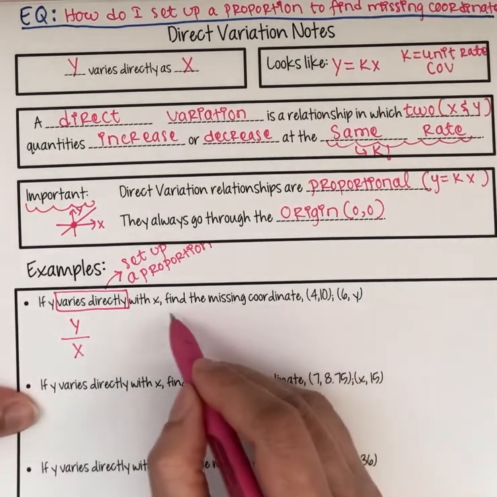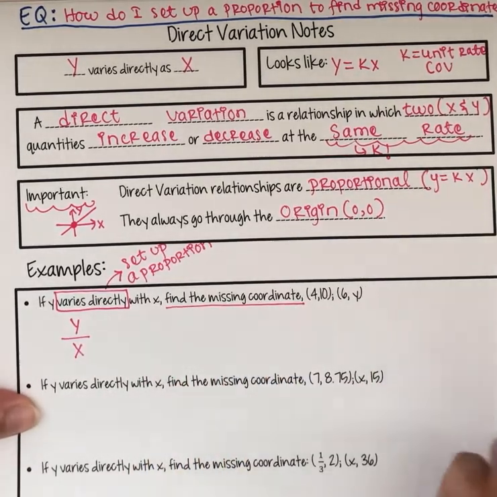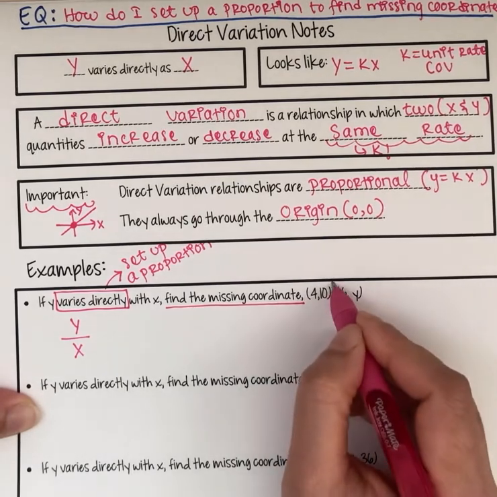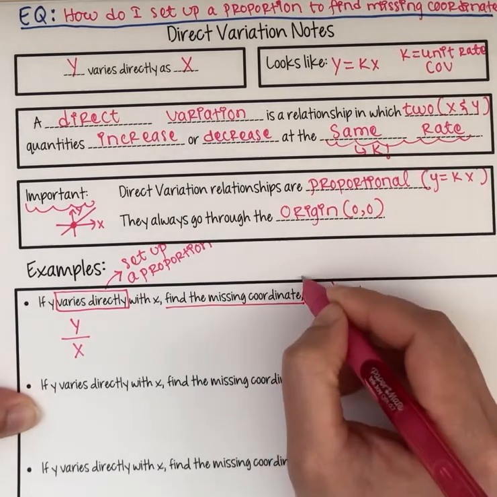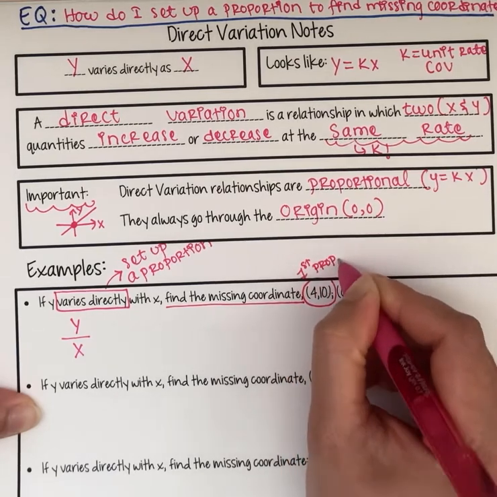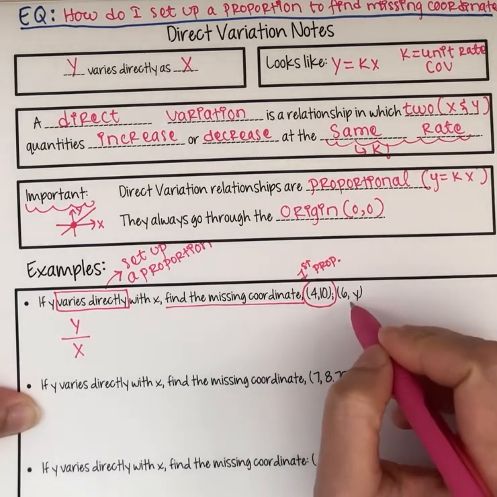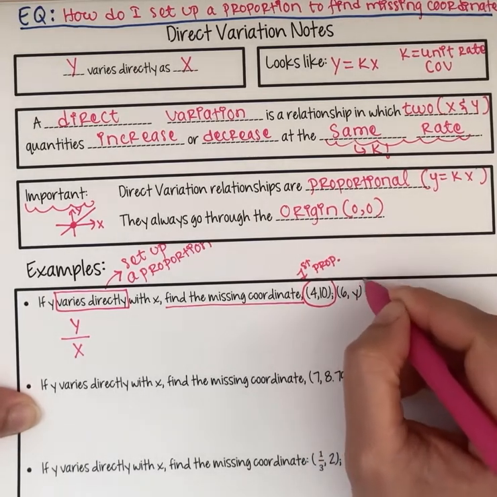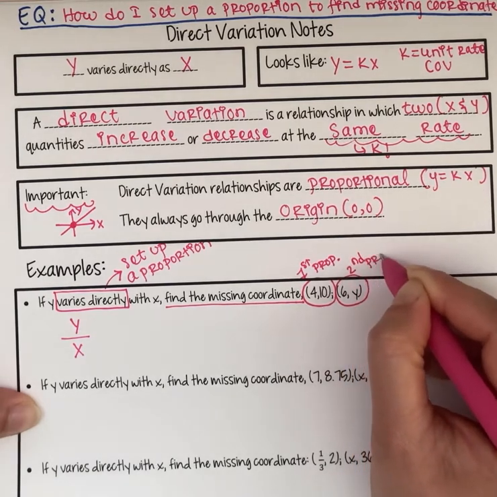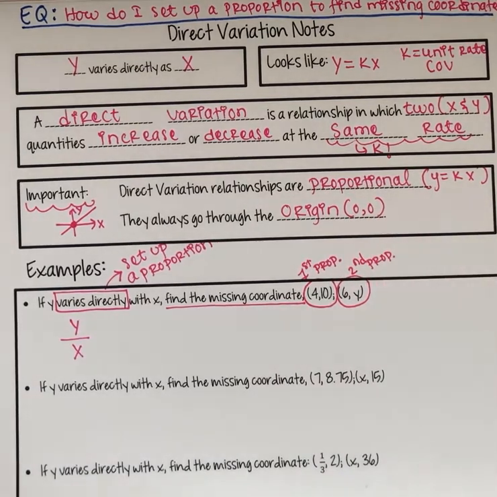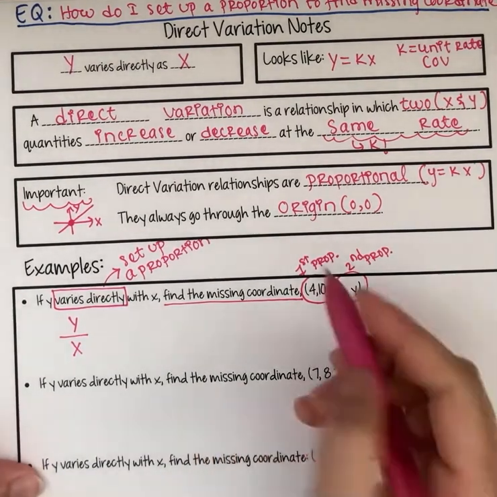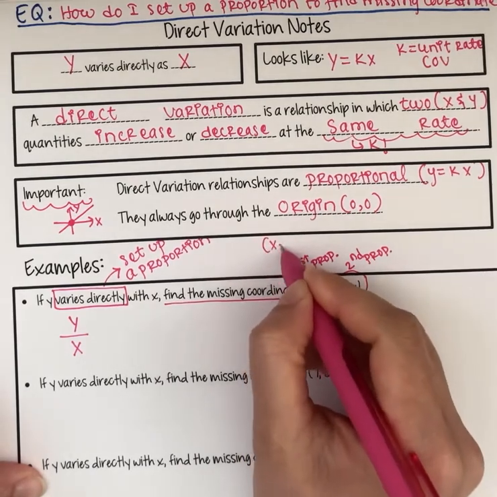And our question is find the missing coordinate given 4, 10 and 6, y. Okay, so the 4, 10 is our first proportion. We're going to use those numbers to set up our first proportion. And then the 6, y is going to be used for our second proportion. Okay. And if you remember from 7th grade, a coordinate pair is always in the form x, y.